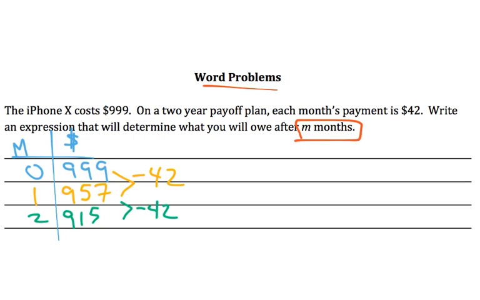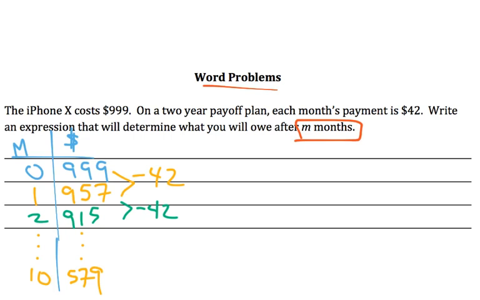And slowly but surely I would eventually find out what I owed. I'm going to put 3 dots here, and I'm just going to use the 10th month because it's nice to multiply by 10, because you get whole numbers. And I would end up owing $579. So those dots indicate that some steps were taken and not everything shown in between. And if I need to extend my table, I'll just throw a line there.